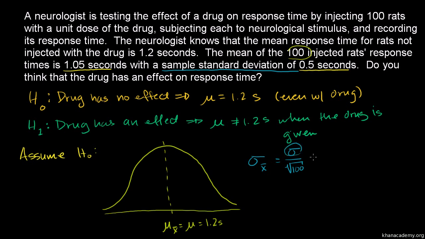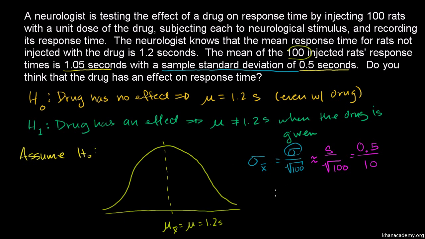So this is going to be approximately equal to our sample standard deviation divided by the square root of 100. Our sample standard deviation is 0.5 seconds, and we want to divide that by the square root of 100, which is 10. So 0.5 divided by 10 is 0.05.